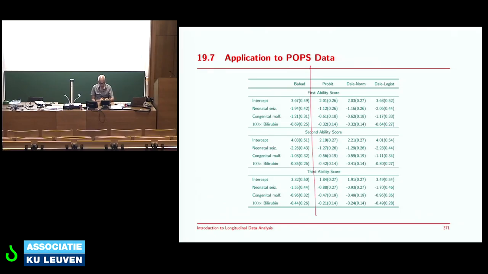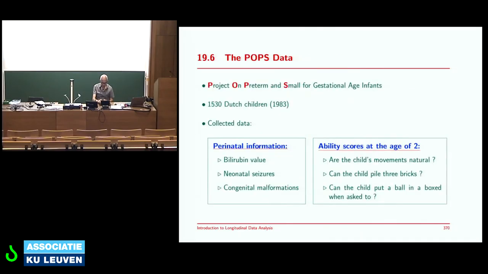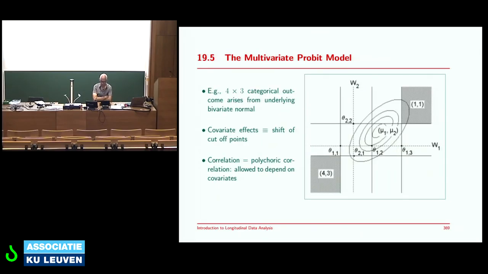Okay, so let me apply the Bahadur model. Let me apply the probit model, and let me apply the Dale model. Now, I've introduced these models to various degrees of detail. The Bahadur model, there you saw the explicit expression. For the probit model, you saw the graph. And now for the Dale model, I can say it's actually similar. The only thing we are going to do different here is we are not assuming an underlying normal distribution.